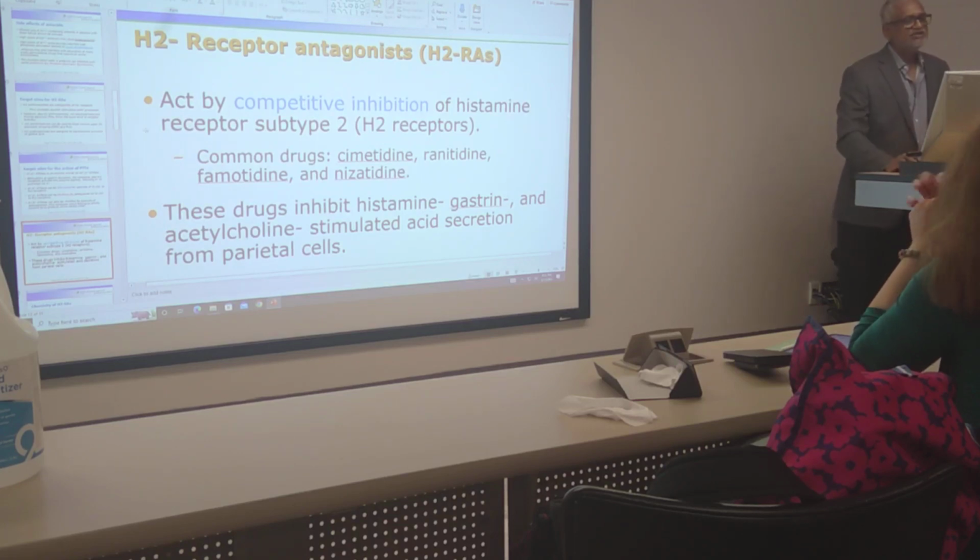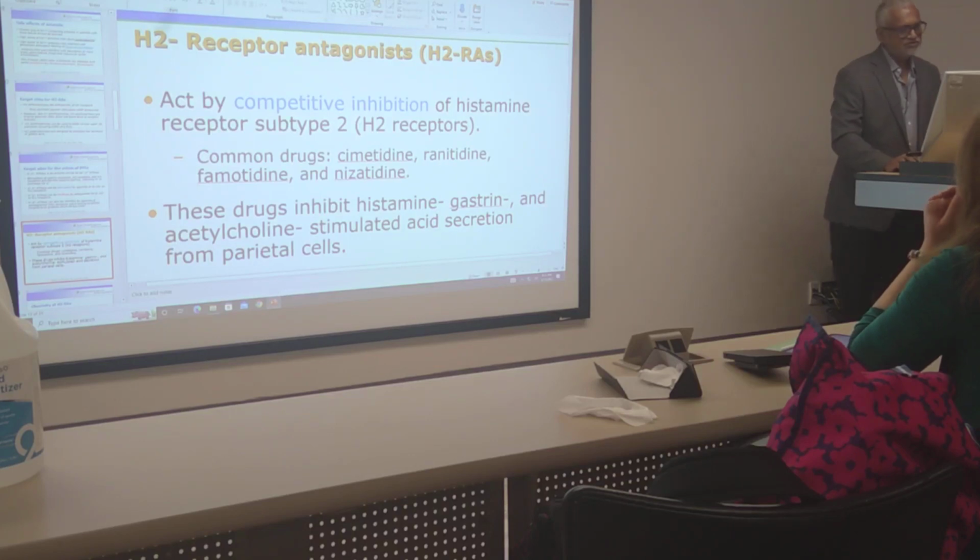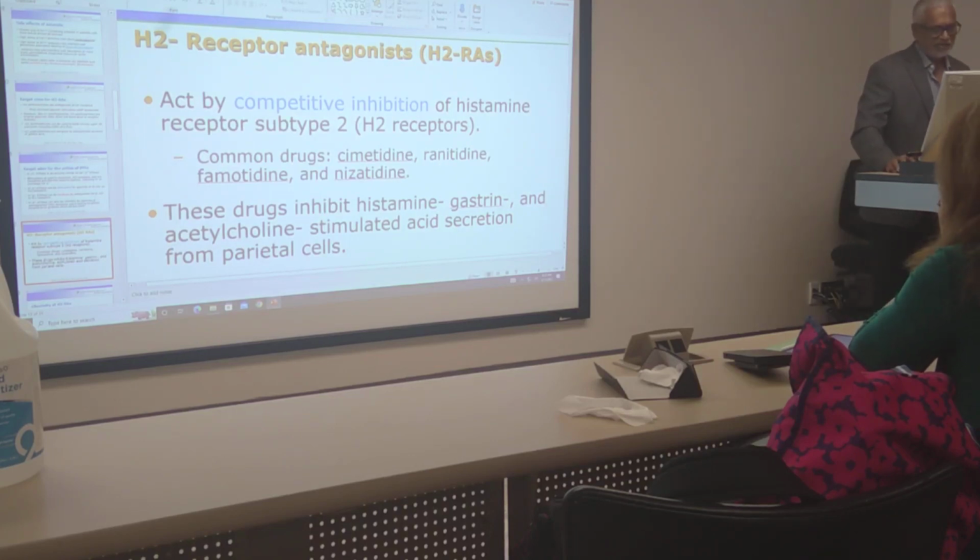The second generation H2RAs came in, and they are ranitidine, famotidine, and nizatidine. These drugs inhibit histamine, gastrin, and acetylcholine-stimulated acid secretion from the parietal cells.